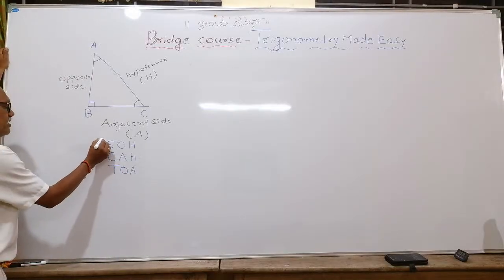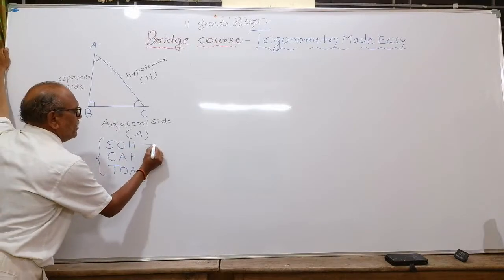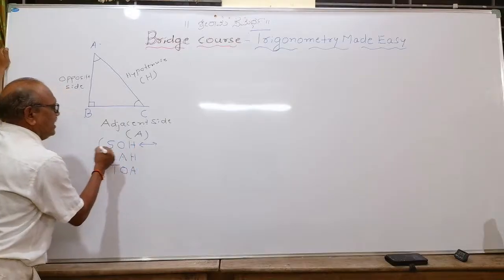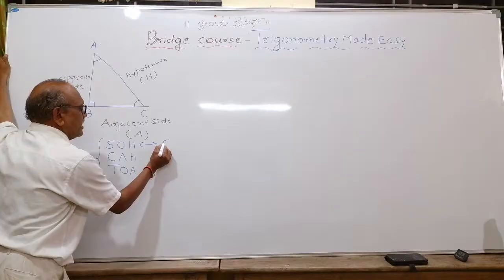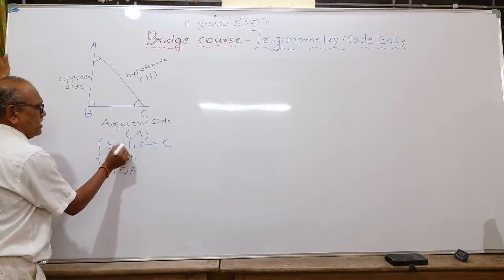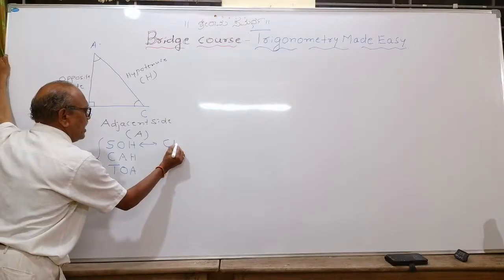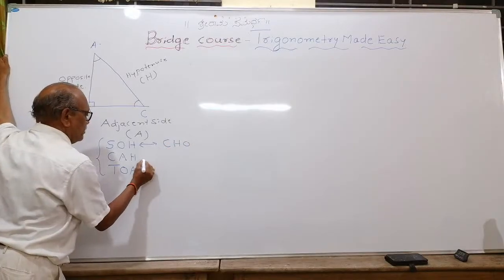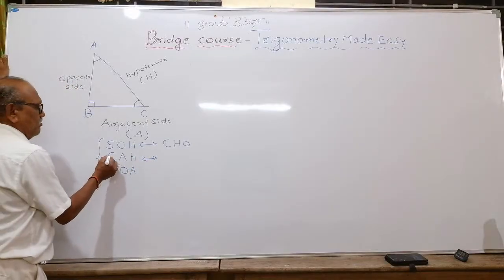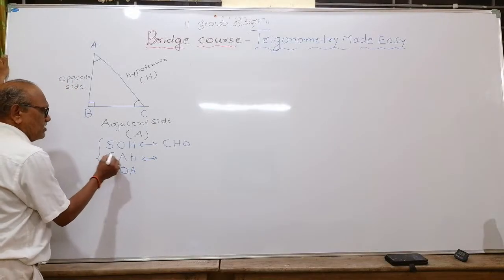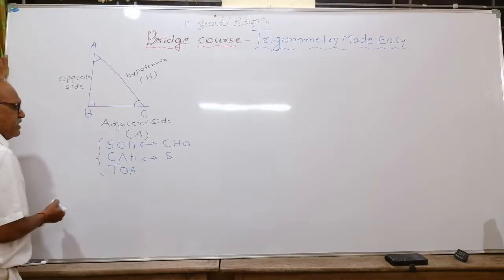So these are the basic trigonometric ratios, and their reciprocals are very closely related. The reciprocal of sine is cosec. Opposite and hypotenuse are interchanged, so it becomes hypotenuse upon opposite. You remember? Then the reciprocal of cos is sec.